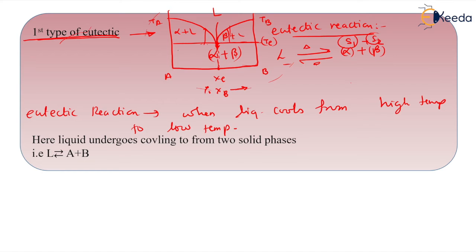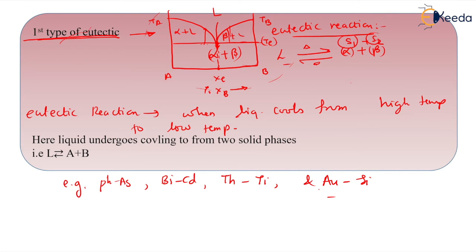We can have examples of the first type eutectic diagram. We have lead and arsenic, bismuth and cadmium, thorium and titanium, and gold and silver.